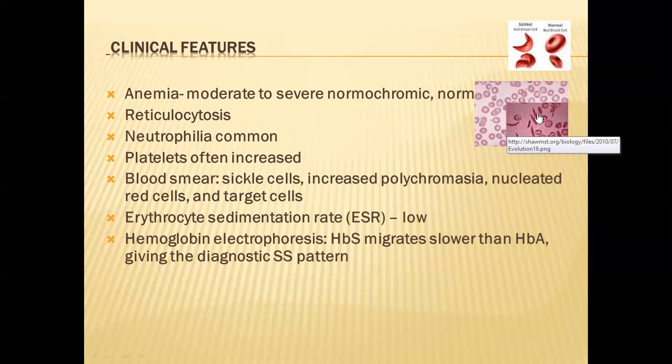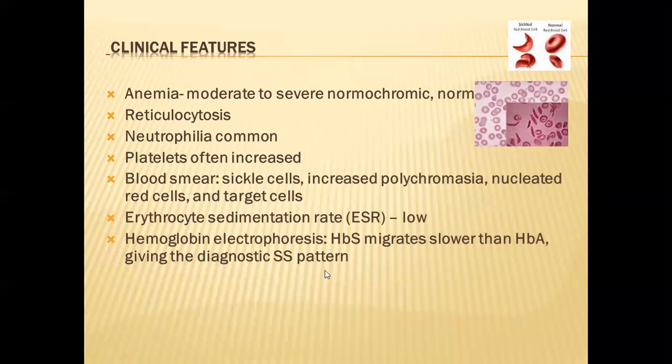Increased polychromasia, multicolor RBCs in simple words, because there is premature RBC production from the bone marrow because of increased destruction. So you will see different colors of RBCs, nucleated RBCs, and target cells again. All these features are because of premature bone marrow response due to increased destruction of RBCs in the periphery.